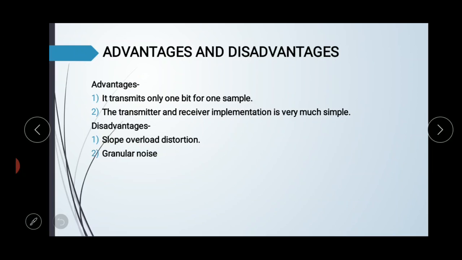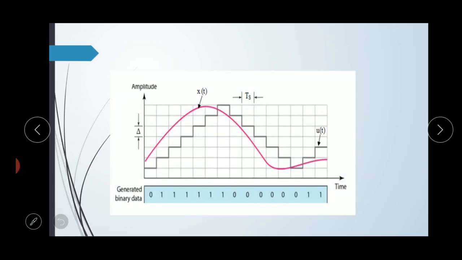Next is the disadvantage, that is slow overload distortion and granular noise. So here see this diagram. When the rate of rise of input signal x of t is so high, here we can see the signal is increasing too fast. The step size delta becomes too small for the staircase signal to follow the steep segment of x of t.